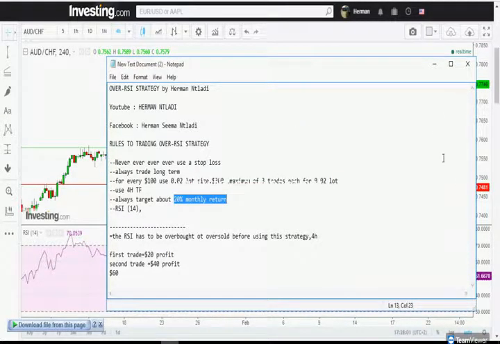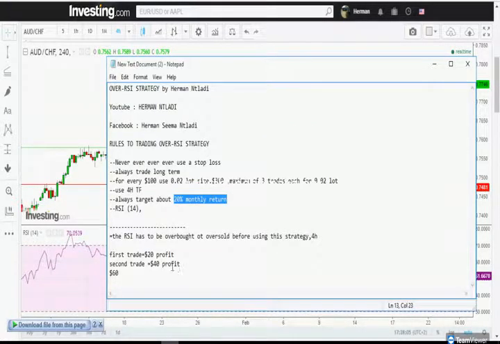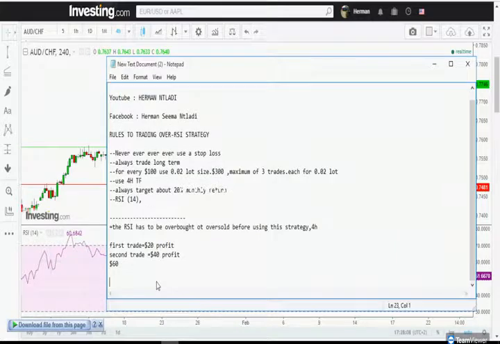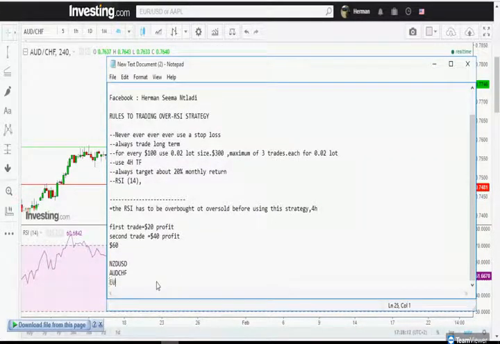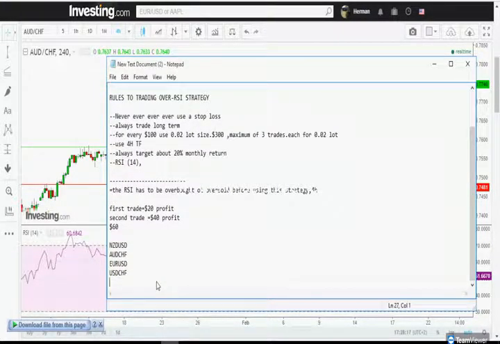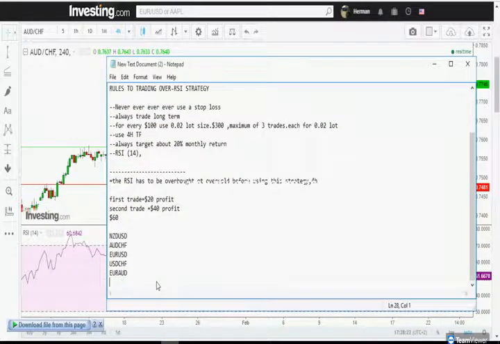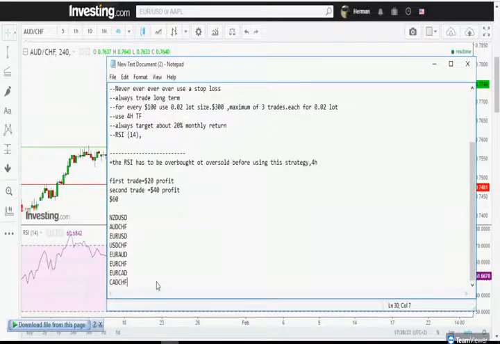I did some back testing. There are a lot of pairs. I think there are about 10 pairs that work with this strategy. I think there is NZD/USD, Euro/US dollar, Swiss, Euro/Aussie, I'll check, and Euro/Swiss, Euro/CAD/Swiss.